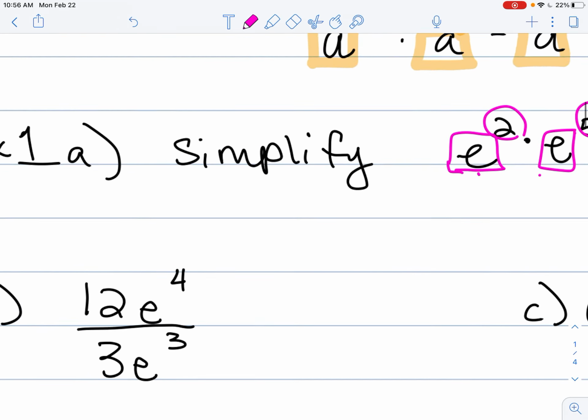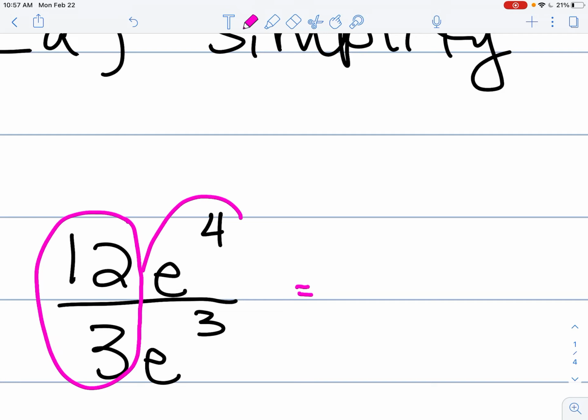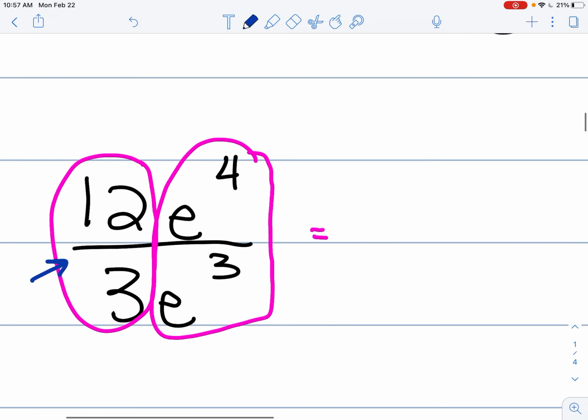If we were to simplify here, just like in our previous lessons about exponential properties, we can separate this, and we can do 12 over 3 times e to the 4 over e to the 3. So let's simplify this first. I know 12 divided by 3 simplifies to 4.